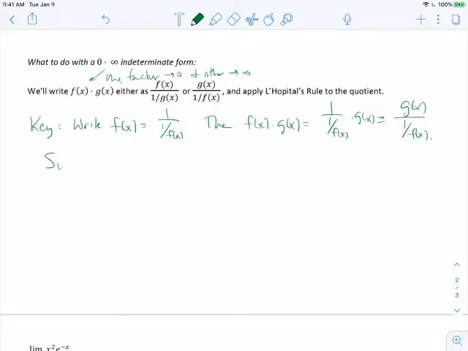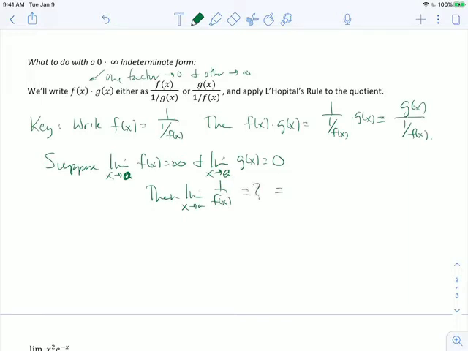And let's check something out here. Suppose that the limit as x goes to a of f of x equals infinity, and the limit as x goes to a of g of x equals 0. Then what's the limit as x goes to a of 1 over f of x?